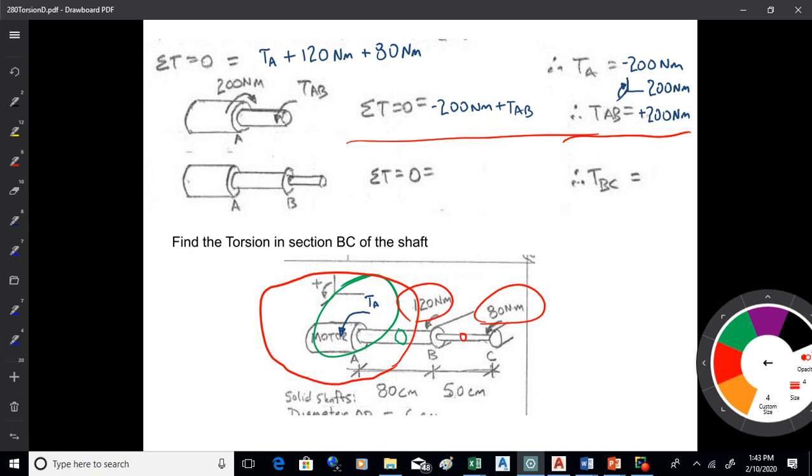If you start with a reference point, set it equal to 0, it's equilibrium. All right, so start at that reference point and work your way out.